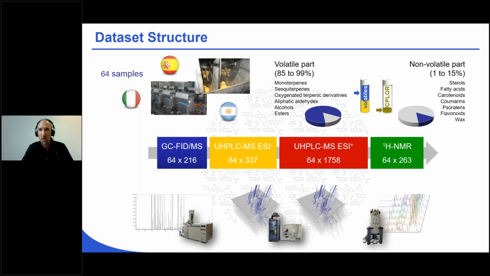We had 2 runs with the LC-MS in different ionization modes, and we also measured the non-volatile part of these oils with NMR. So of course, the idea here is to really get a more complete picture of the physicochemical diversity of these samples by using analytical techniques that will address different kinds of compounds.